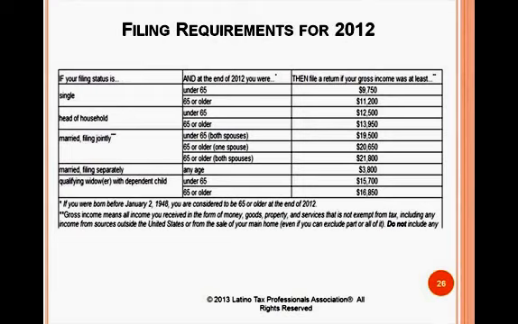If you can imagine it this way, $9,750 is your standard deduction and your personal exemption combined. So your income would have to be greater. If your income was $9,750 exactly, then you'd have minus that equal amount of deduction to arrive at zero taxable income. Therefore, there's no tax. No need to file.